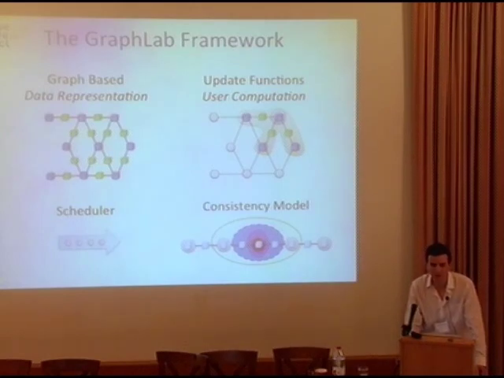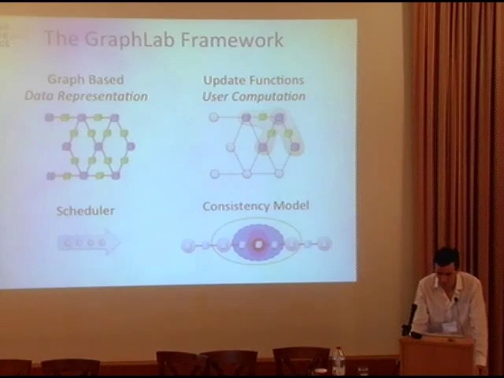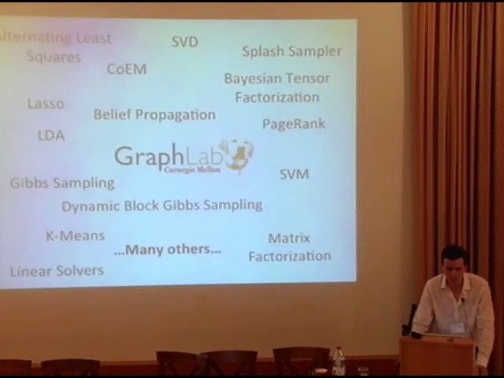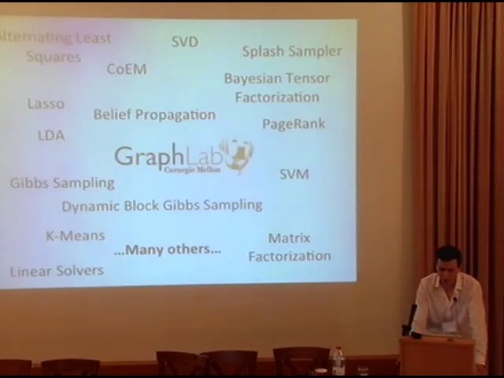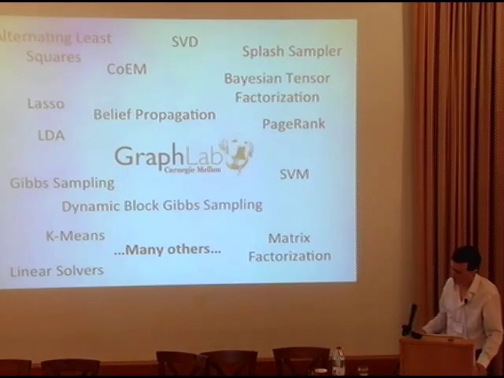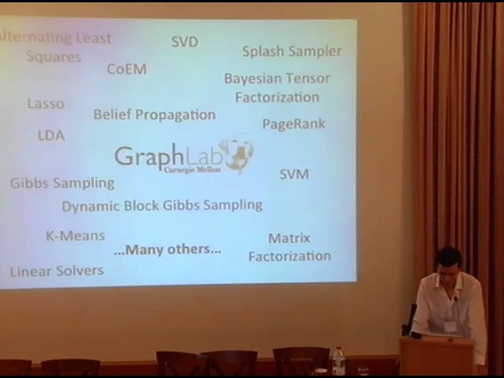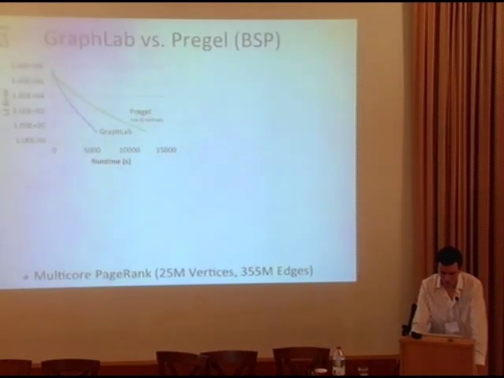GraphLab has been quite popular recently, and a number of different algorithms have been implemented within the GraphLab infrastructure. I'm just naming a few here. Many others are out there. And what I'll show you for the next couple minutes is just some results of GraphLab with respect to a couple of these different algorithms. So let's start with the simple PageRank setting.